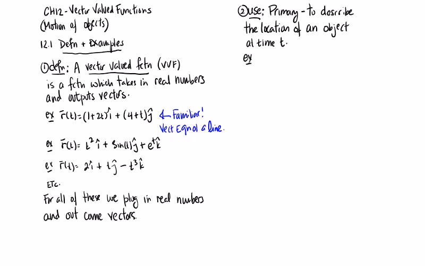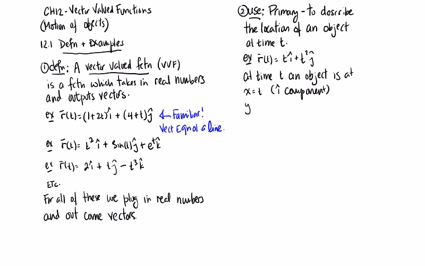So for example, if we were to give the vector valued function r of t equals t i plus t squared j, we can think that at time t, an object is at x equals t, this is the i component, and y equals t squared, the j component.